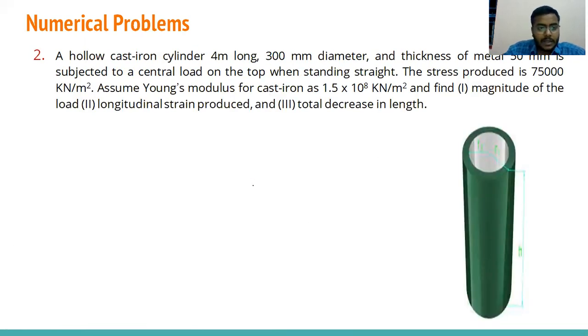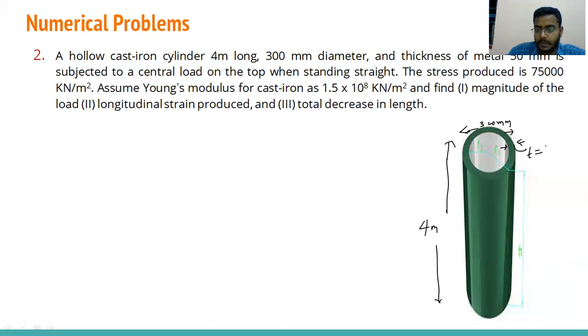Next question: we have a hollow cast iron cylinder 4 meter long. This length is given, 4 meter. The 300 diameter is the outer diameter. Thickness is given, 50 mm.